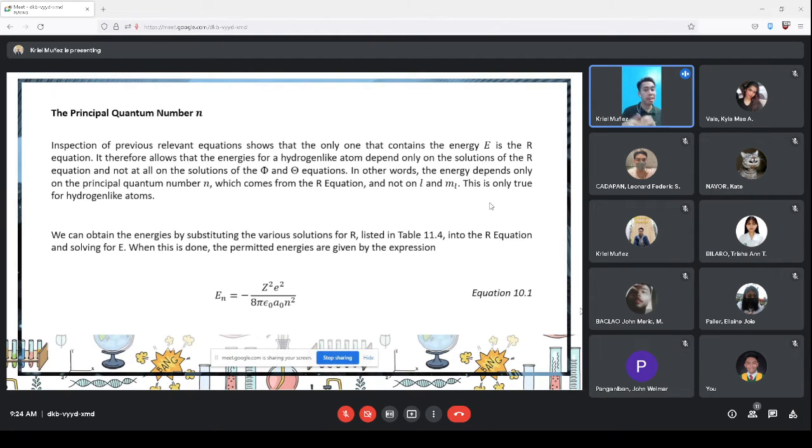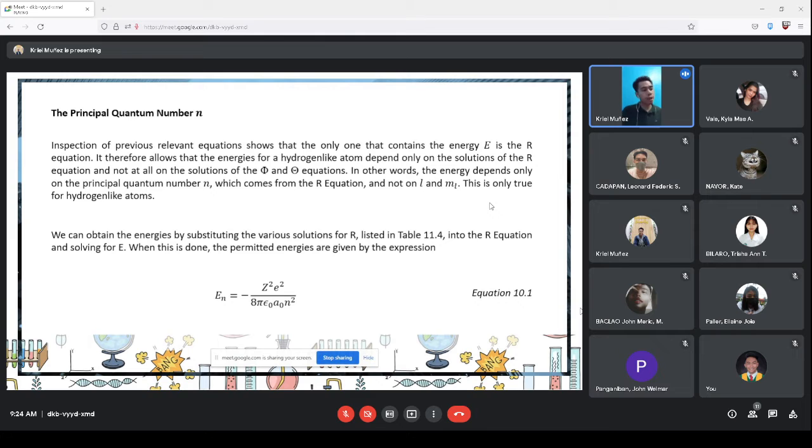And then sa theta natin, we have the M sub L, and then yung theta wave function, and then yung theta natin na coordinate. But for the R equation, nandyan yung ating R coordinate, and of course, the R wave function plus yung ating energy kasi sa kanya yung natira. Okay, so yung ating energy term, right?